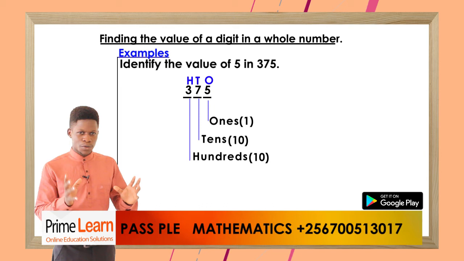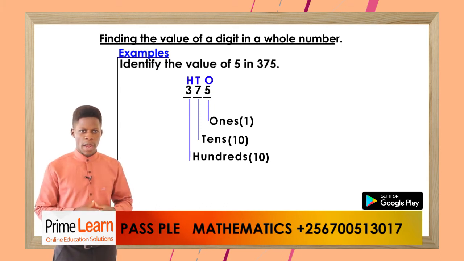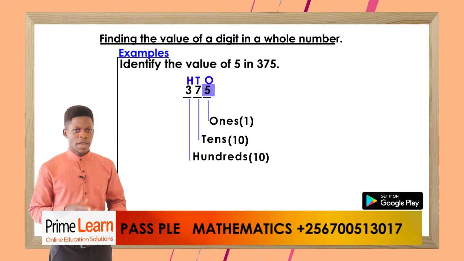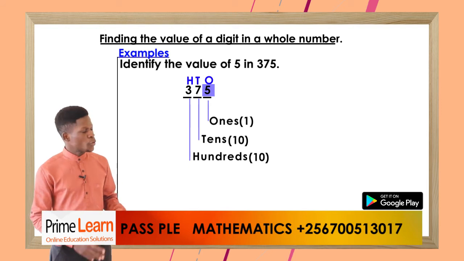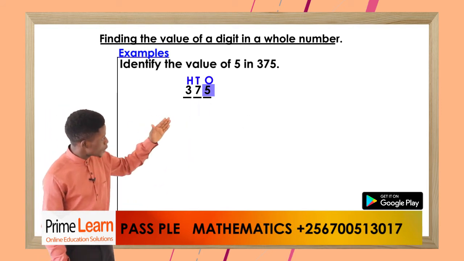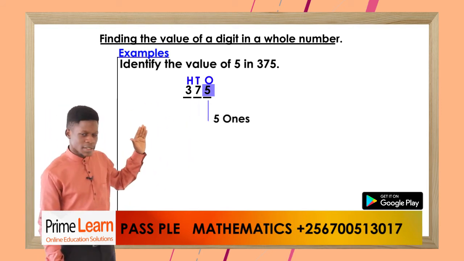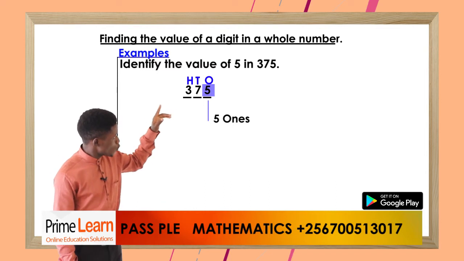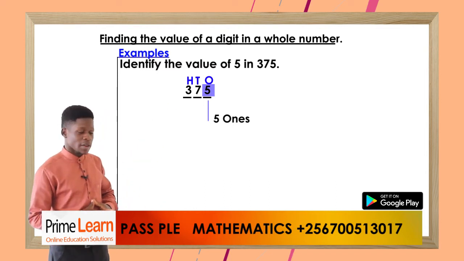Now, since we have finished identifying their place values, we are going to look for the required digit. And this digit is digit 5. So digit 5 is in the ones place value, which means there are 5 ones in this number.